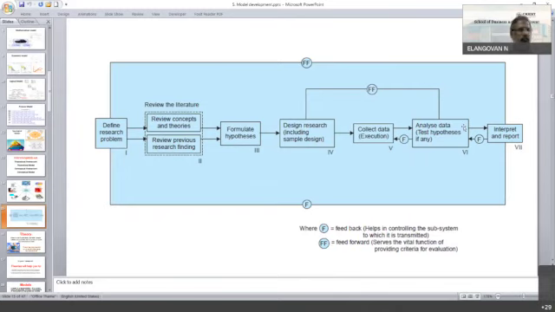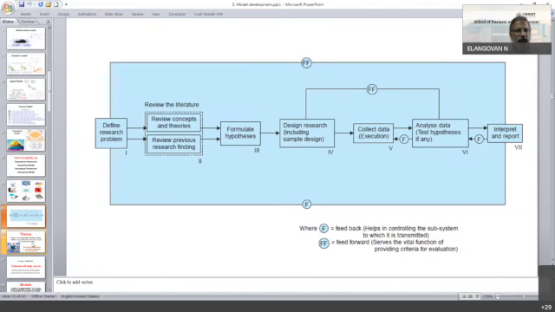At every stage of your research you will be able to use the model: at problem definition, during the review of literature, while formulating the hypothesis, when designing the research, while collecting the data, while analyzing the data, and while interpreting and reporting. Having a model is going to make your work easier. That is the purpose of adding this topic to our workshop.